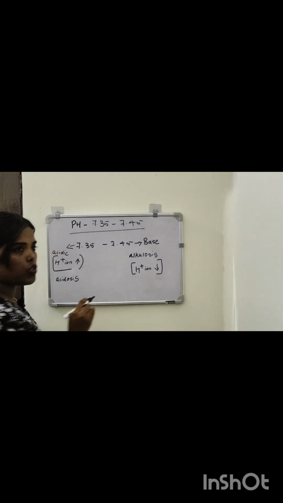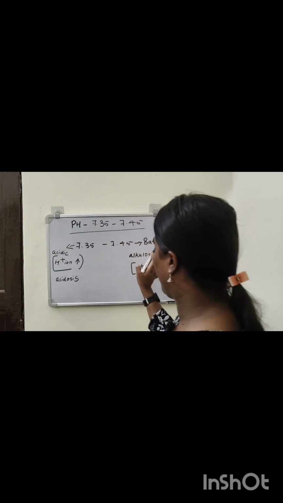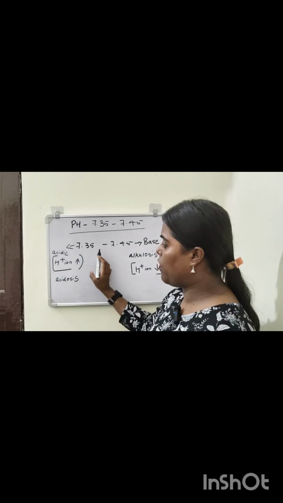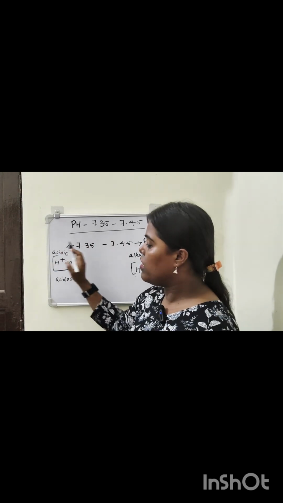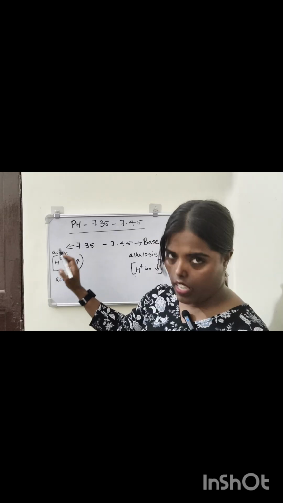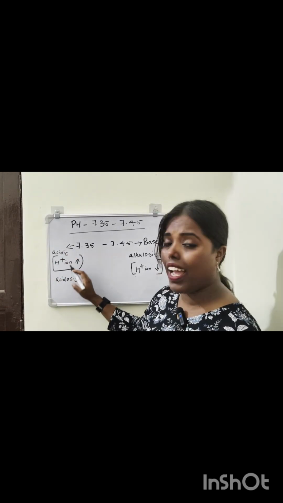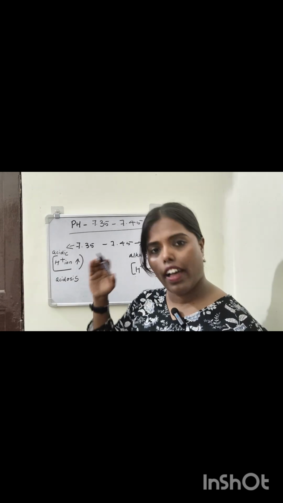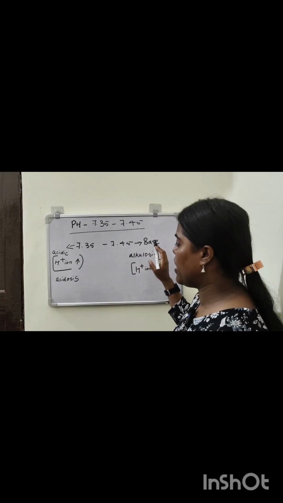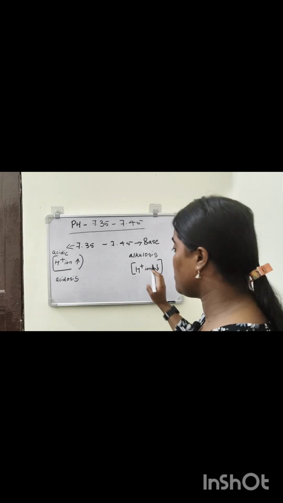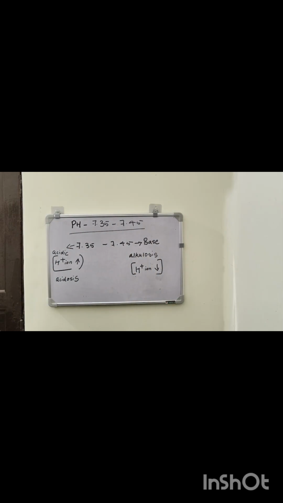So the normal range of pH is 7.35 to 7.45. If it is less than 7.35, the condition is acidic, which is known as acidosis, because in this hydrogen ion concentration is very high. If it is more than 7.45, the condition is known as alkalosis. In this, the hydrogen ion concentration is less.